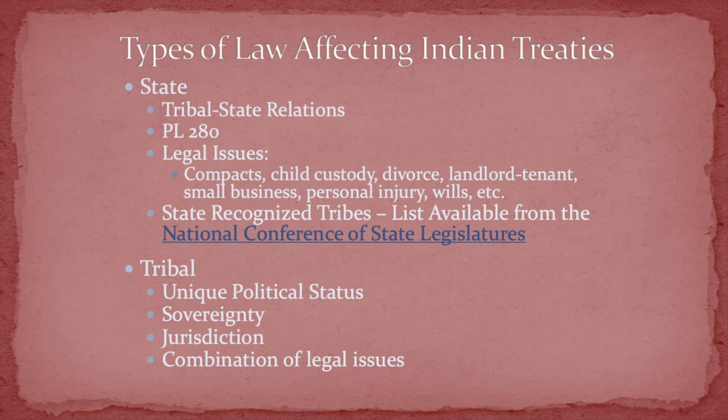And some of these tribes had their federal recognition terminated, and they have not been able to get it back. And then, of course, we have tribal laws affecting tribal governments, tribal entities that have this unique political status, that are sovereign, that have their own jurisdictional issues.